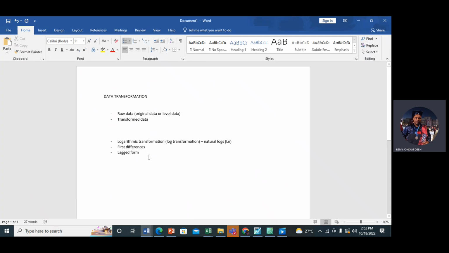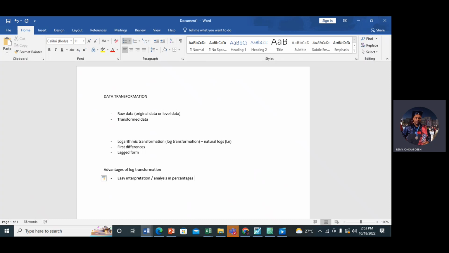Advantages of log transformation. One of the reasons why we use log transformation is because of easy interpretation and analysis in percentages.